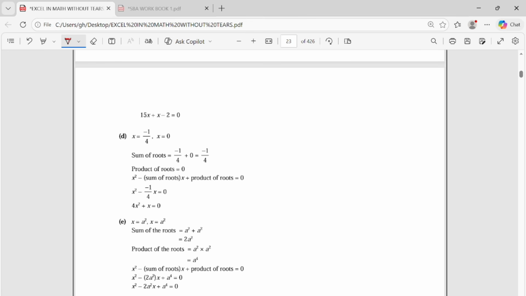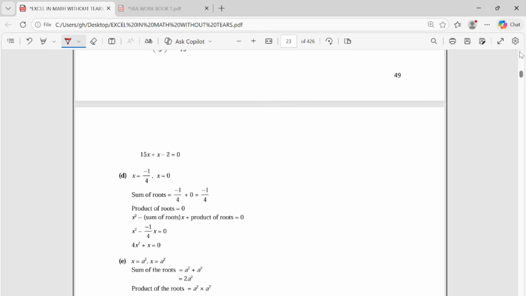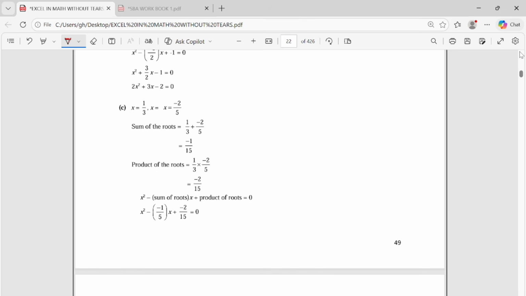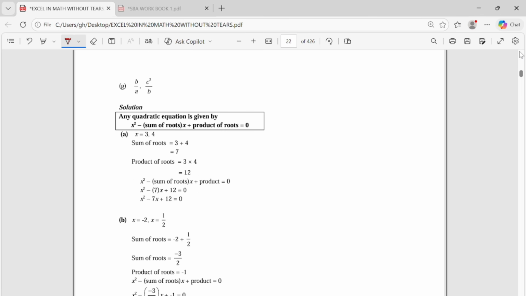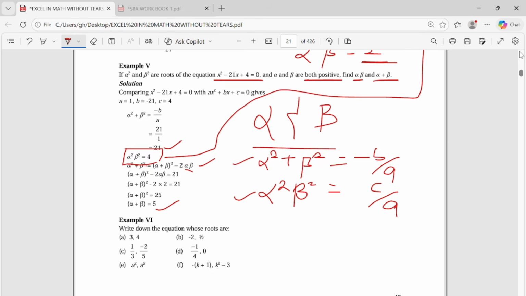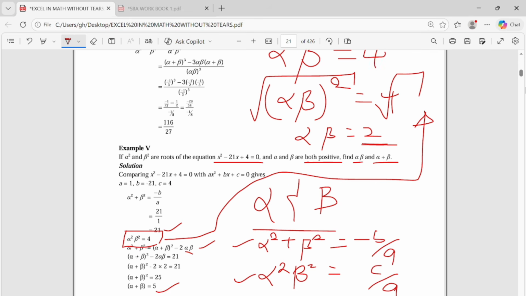So let us look at how we can generate quadratic equations given the roots. This is our last part: generating quadratic equations given roots.